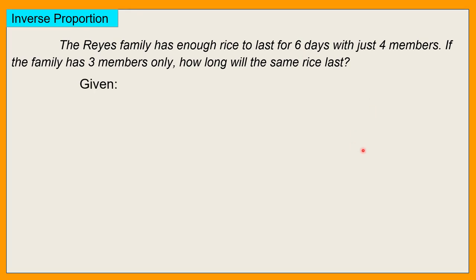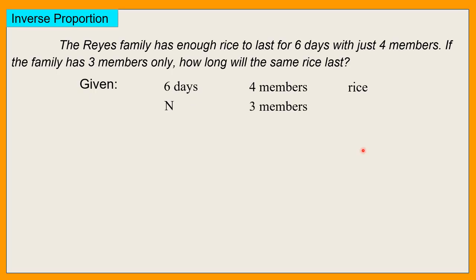So, given natin dito is 6 days for just 4 members. Iko-consume nila ang kanilang rice. So, within 6 days, mauubos nila ang kanilang rice or kanilang bigas. Kaya lang, kung 3 members na lang, ilang days na yon. So, this is n.